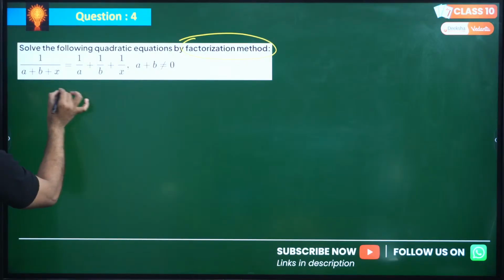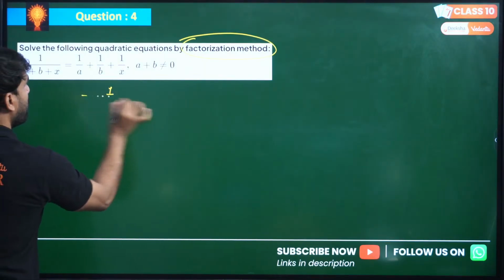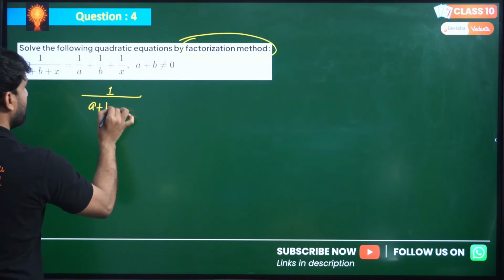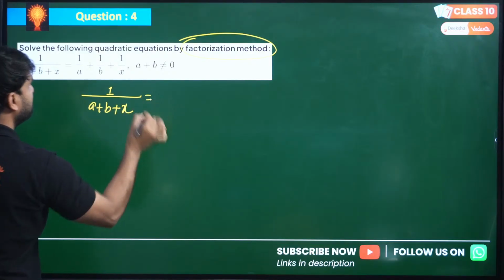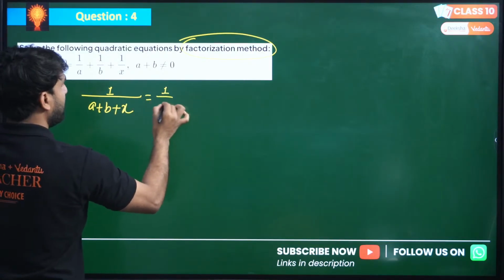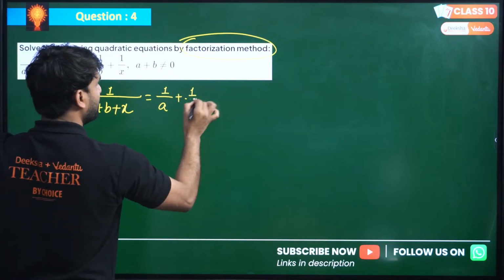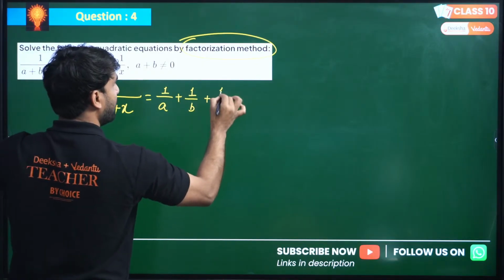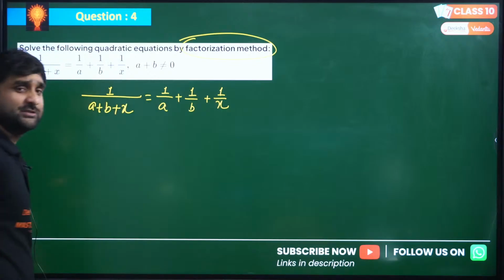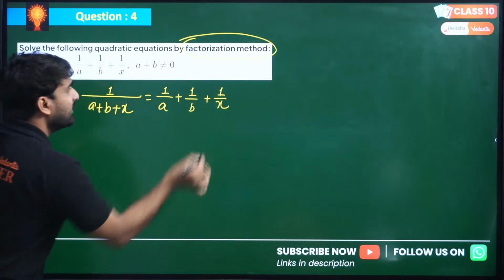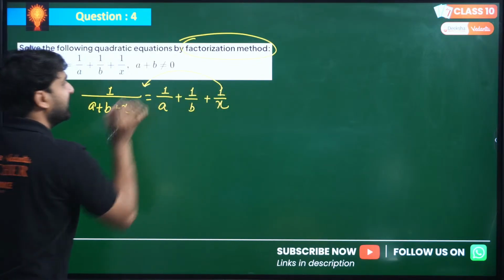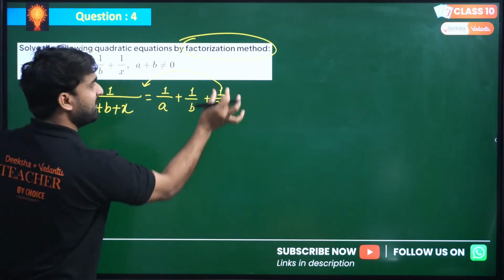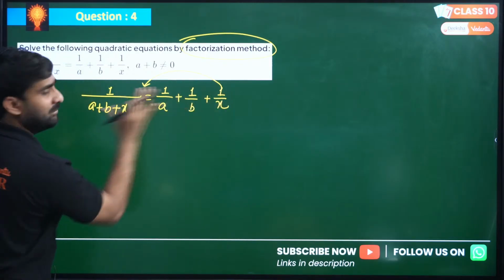The question is 1 by a plus b plus x equals 1 by a plus 1 by b plus 1 by x. Do one thing: bring this 1 by x to this side so that the x terms can be together.